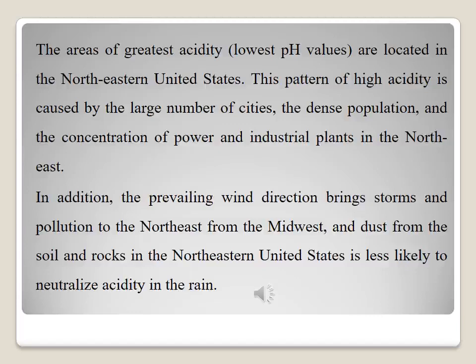In addition, the prevailing wind direction brings storms and pollution to the northeast from the Midwest, and dust from the soil and rocks in the northeastern part of the United States is less likely to neutralize acidity in the rain.